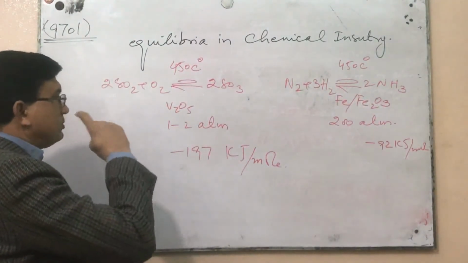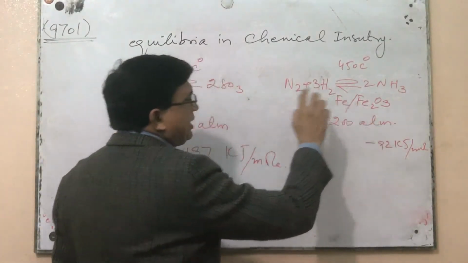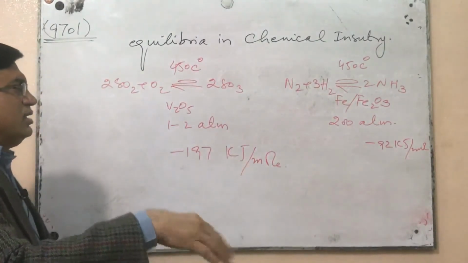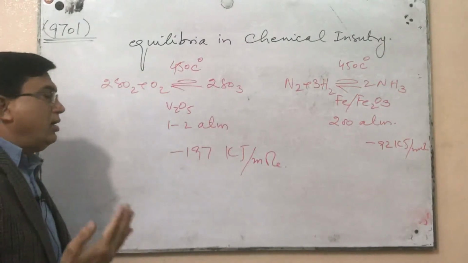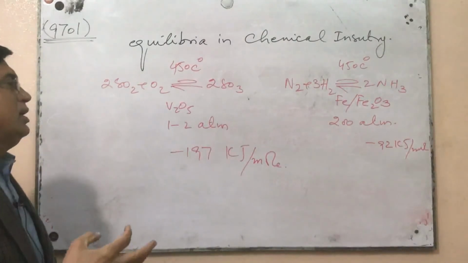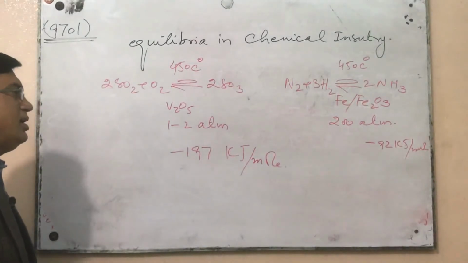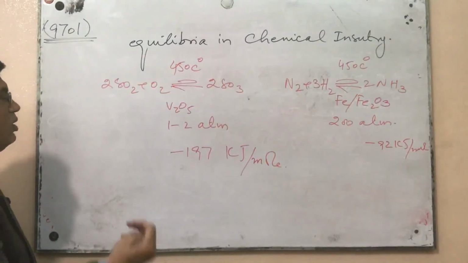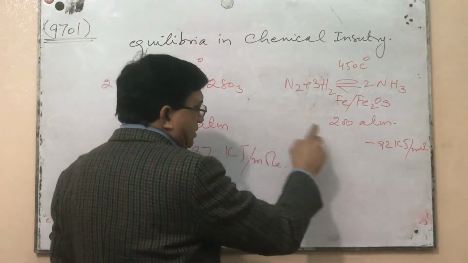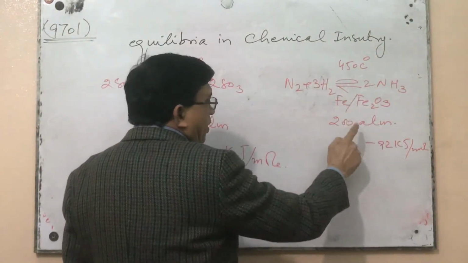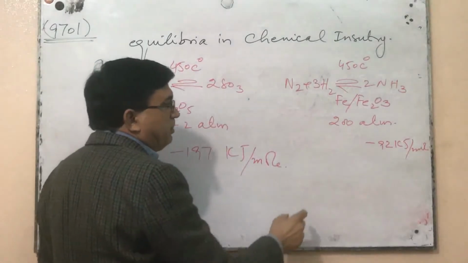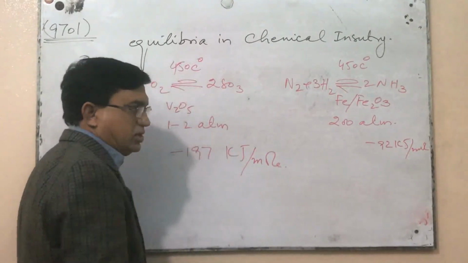Next, in both the reactions we use a catalyst. The catalyst works for the forward and for the backward reaction. It just establishes the equilibrium earlier than the normal time. Now, the effect of pressure. In the case of ammonia synthesis in the Haber process, we use very high pressure.